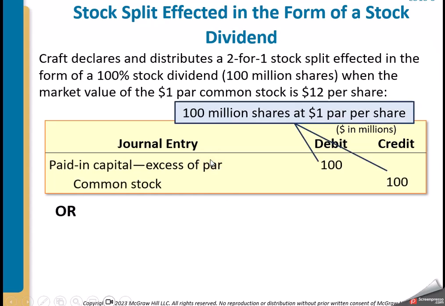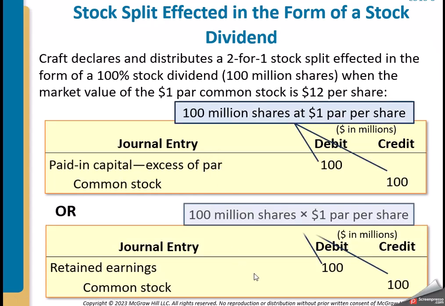So here again is the journal entry. If we do a 2-for-1 stock split, that's affected by a 100% stock dividend when the market value of the dollar par is $12 per share.